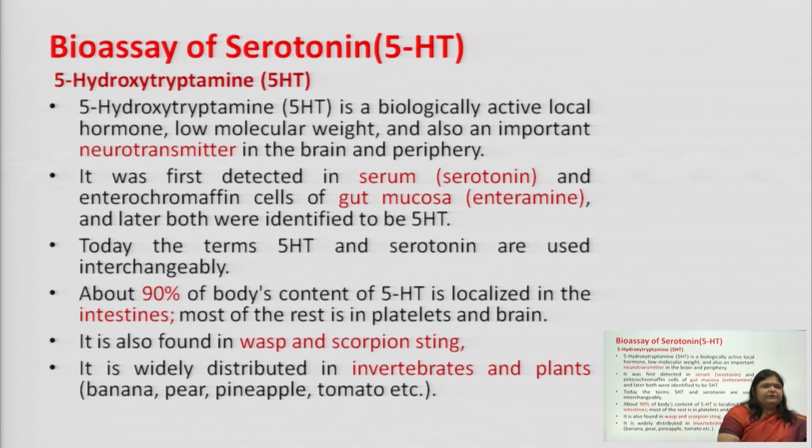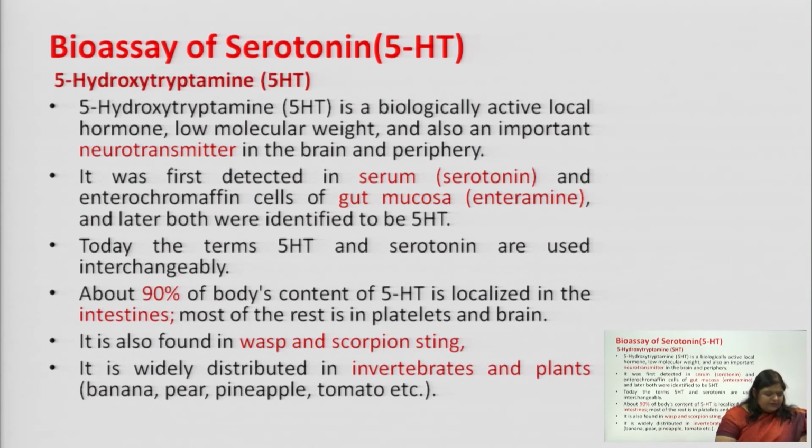and later on it was identified that both of these chemicals, which were found in the serum as well as in the gut mucosa, are similar, and it was called 5-hydroxytryptamine, or we also call it serotonin.